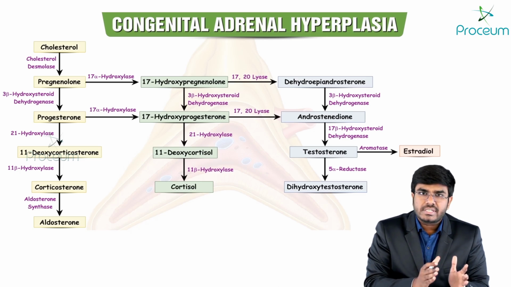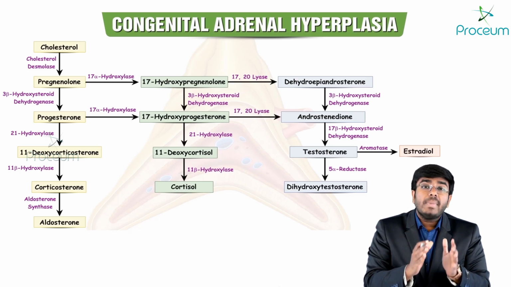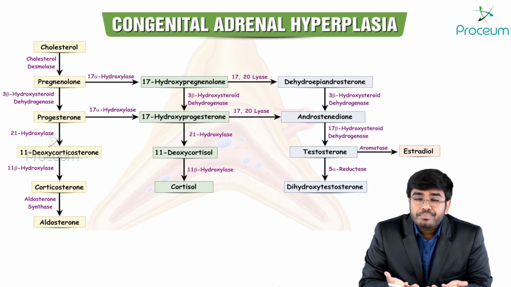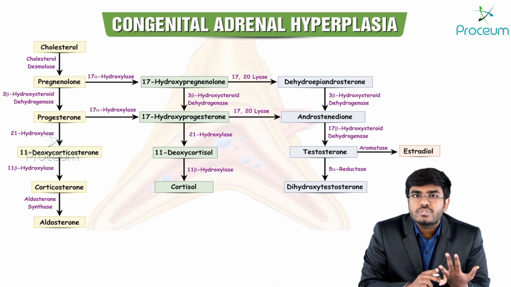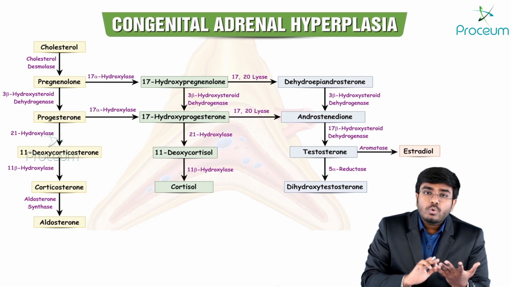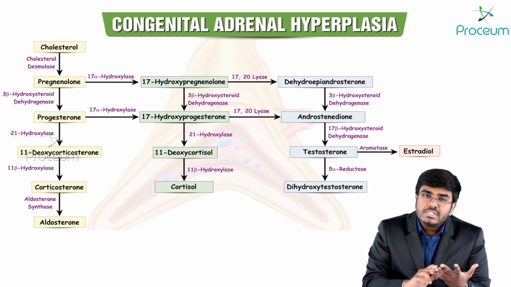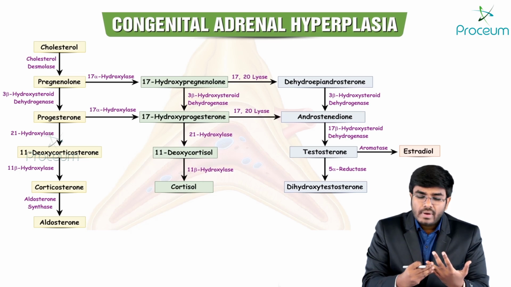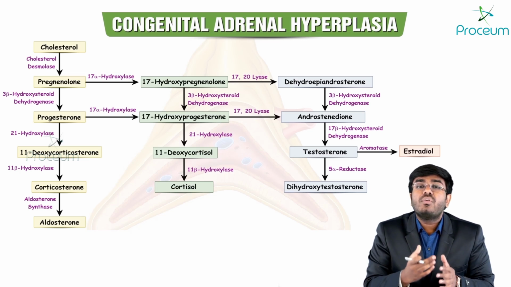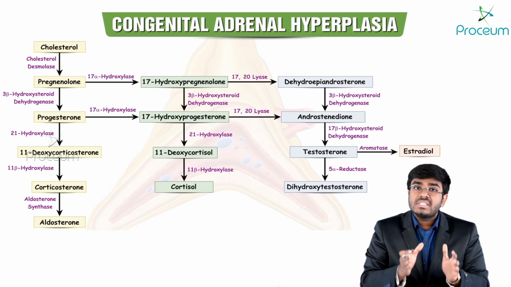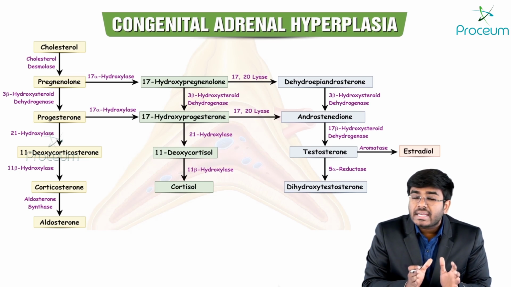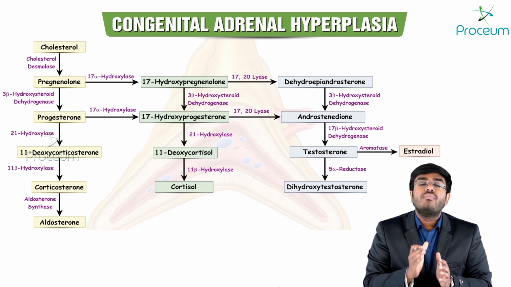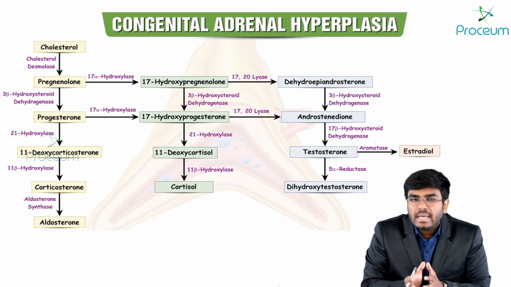We have seen conditions where a male looks like a female: androgen insensitivity syndrome and Swyer syndrome. These two conditions are examples of a male looking like a female. Now congenital adrenal hyperplasia is a condition where a female looks like a male.